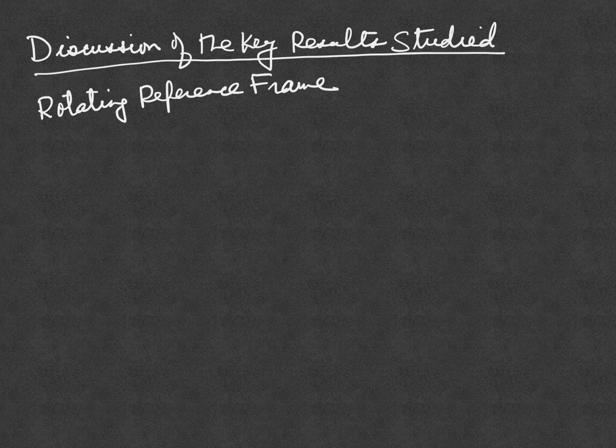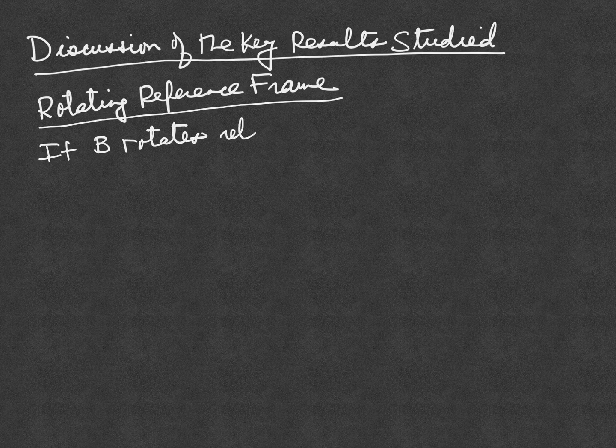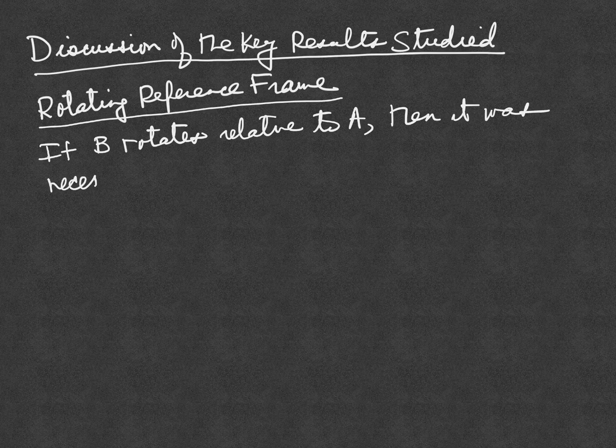So if B rotates relative to A, then it was necessary to determine the angular velocity of frame B as viewed by an observer in frame A.